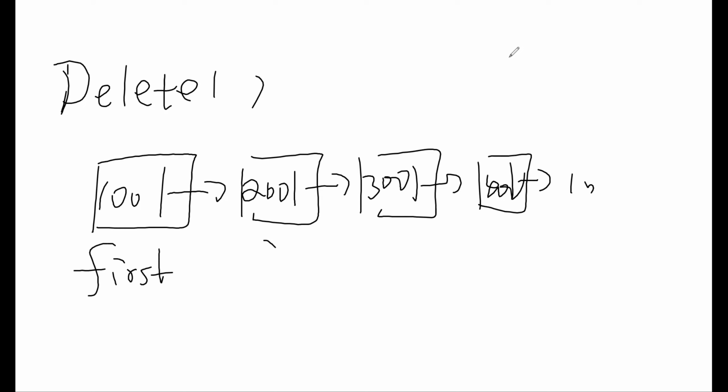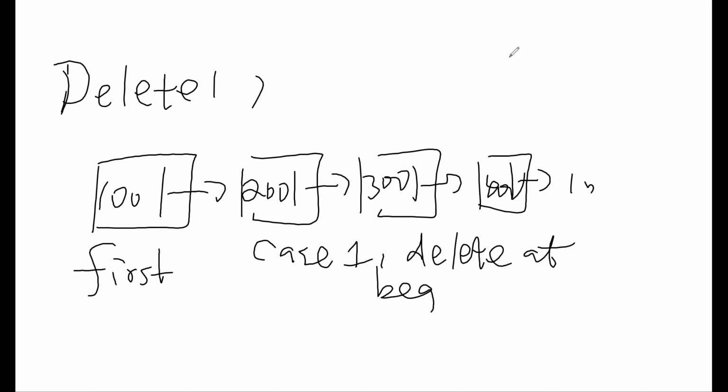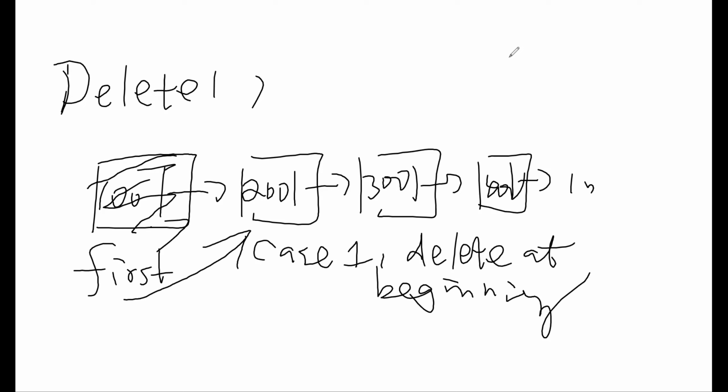So case one is delete at the beginning. Just think about how we get rid of this. The way to do it is to reset your first to the next node.